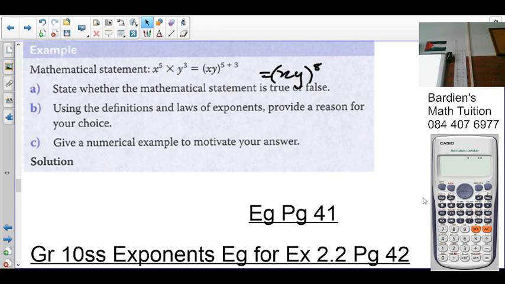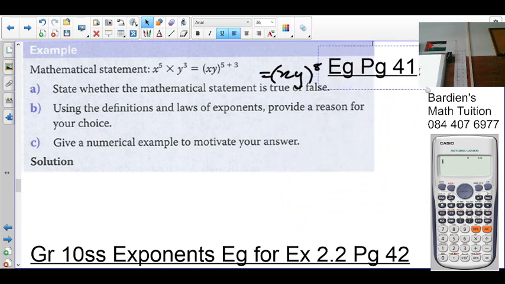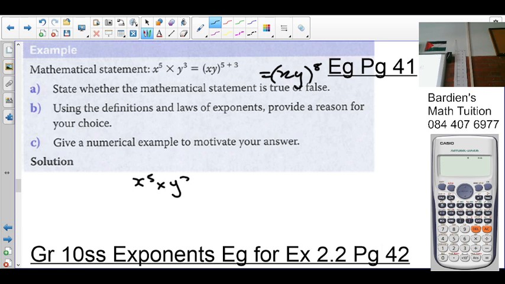State whether the mathematical statement is true or false. It is false. You all agree with that, no? What should it have been? It should be x to the 5 y cubed. So the answer to A, I'm just going to align the board again.